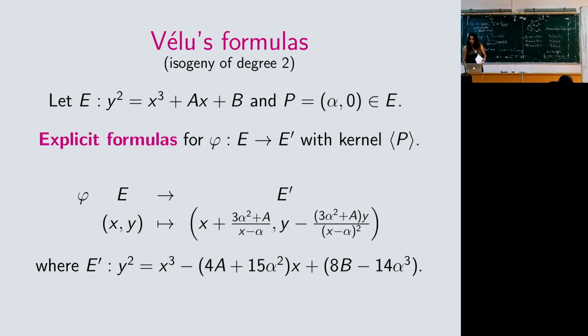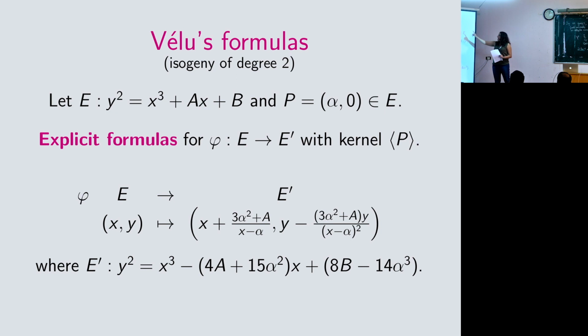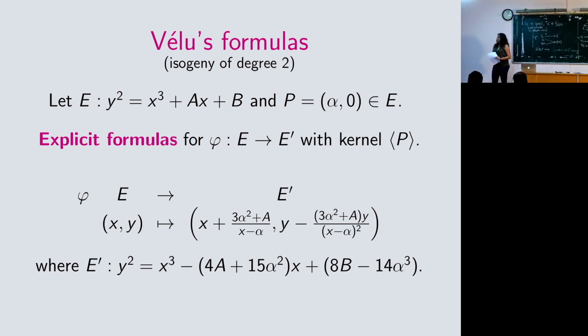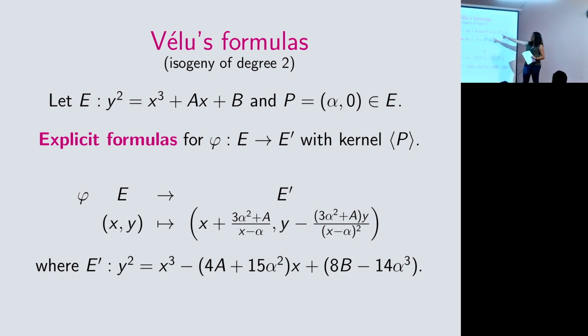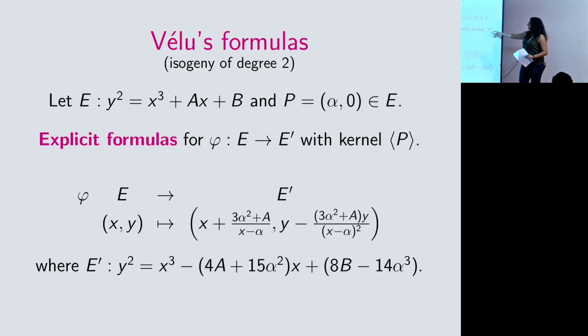We have these formulas, which are called Vélu formulas. And this is the particular case of isogeny of degree 2. So what do you have? You have your elliptic curve given in short Weierstrass form. You have your point of order 2, alpha 0. And these Vélu formulas are explicit formulas for the isogeny which has kernel that point. Okay?